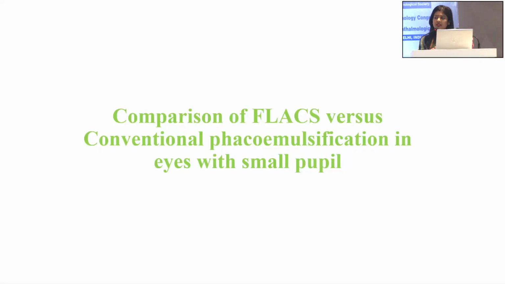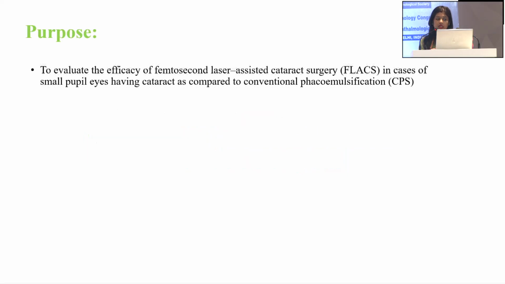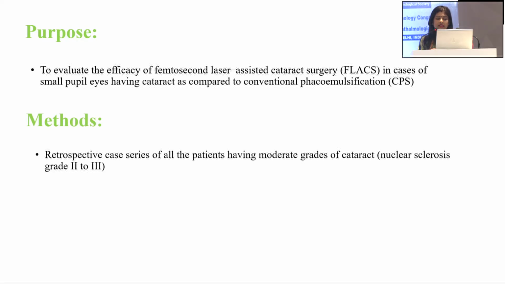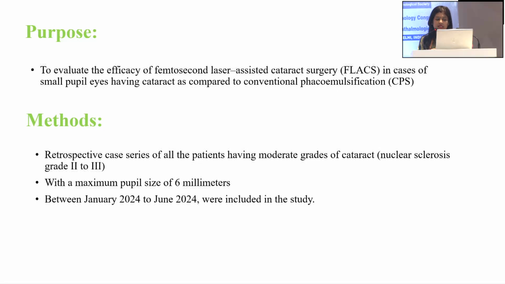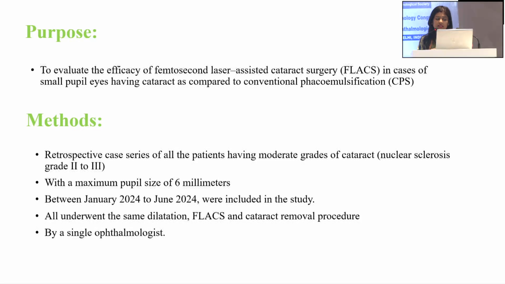So we did a comparison of FLACS with conventional phaco in eyes with small pupil. We did it for a moderate grade of cataract, grade 2 to 3 on LOCS III, with maximum pupil size of 6 millimeters. All had the same dilatation, and the FLACS and cataract removal procedure were done by a single ophthalmologist.